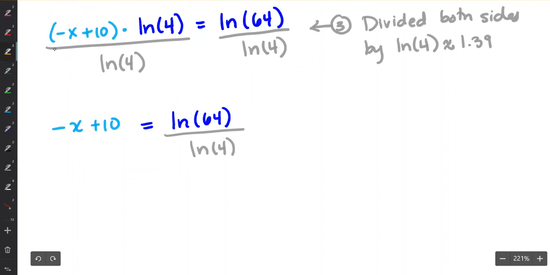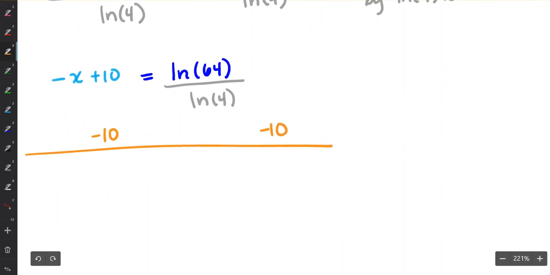Now I'm going to just go ahead and subtract 10 from both sides. And we're almost done. Minus x is equal to the ln of 64 divided by the ln of 4.